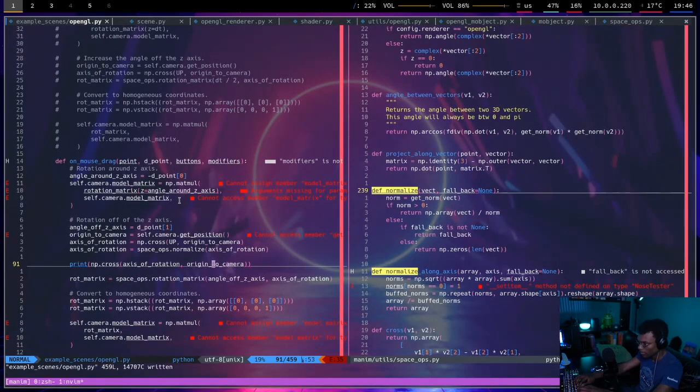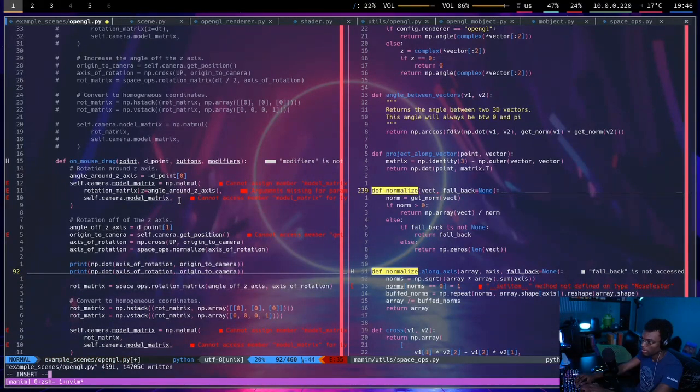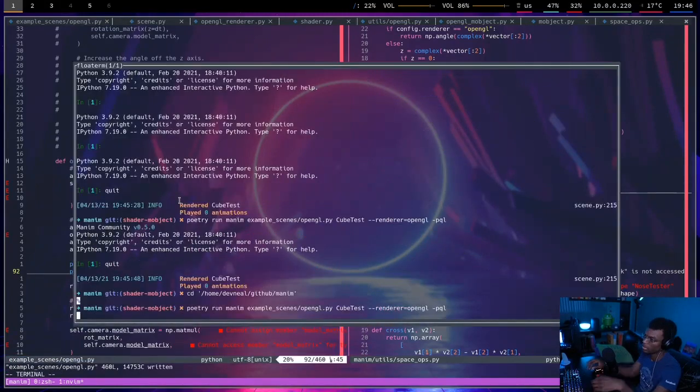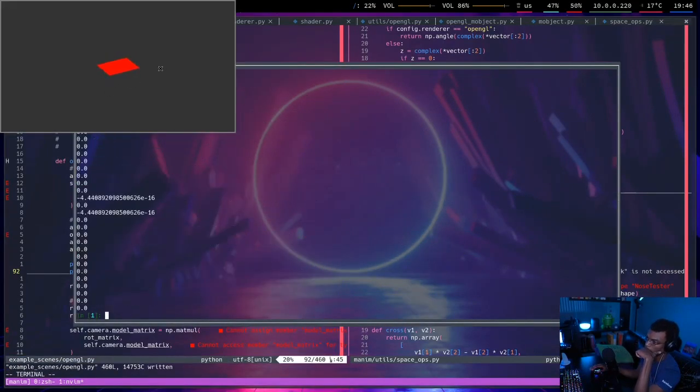And if I dot it with up, this should be 0. And those are all 0. E to the negative 16 is 0.